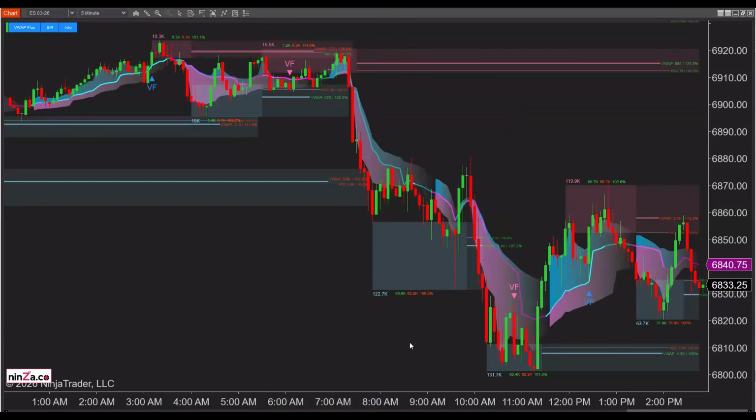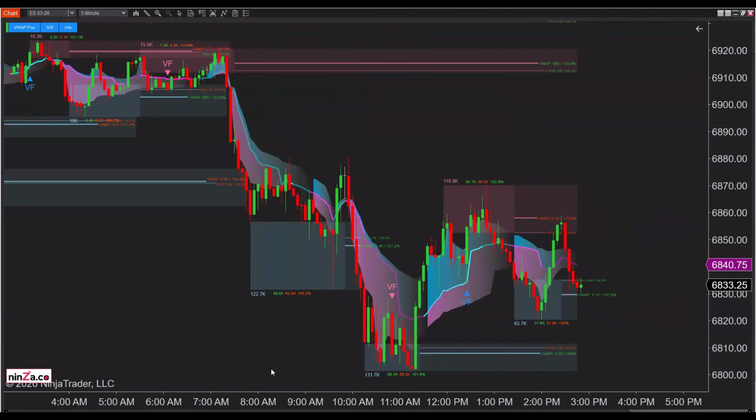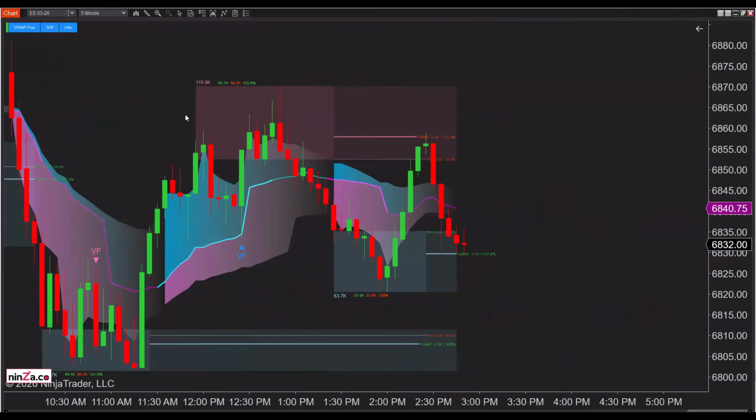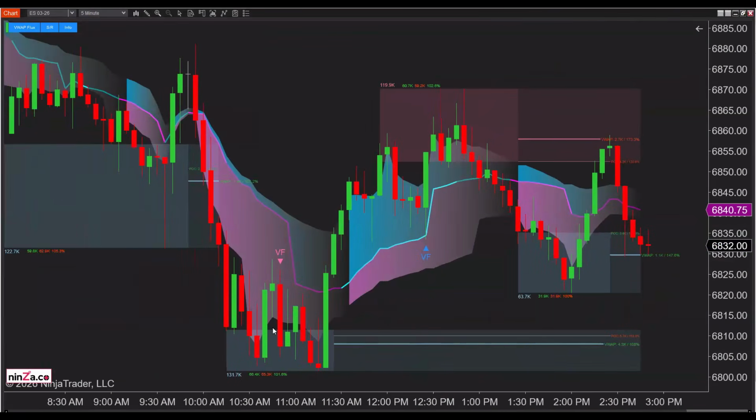Okay. Definitely bearish, right? It stayed bearish for the whole sell-off, and here it identifies the buying, right? So let's make this a little bigger. Here it identifies the buying.